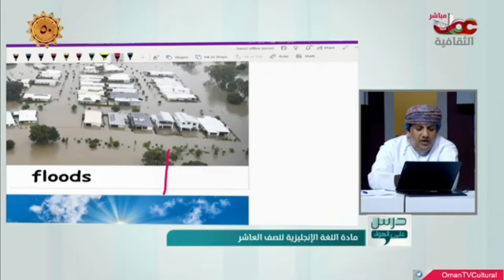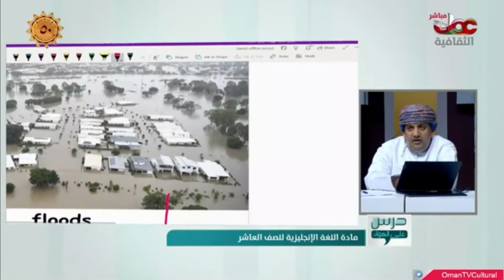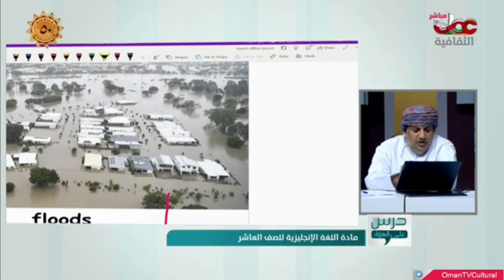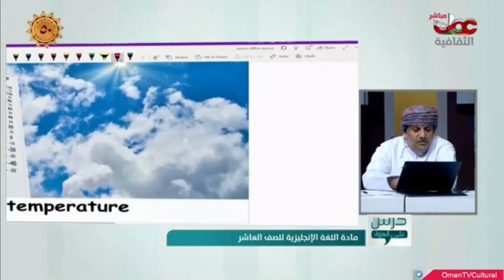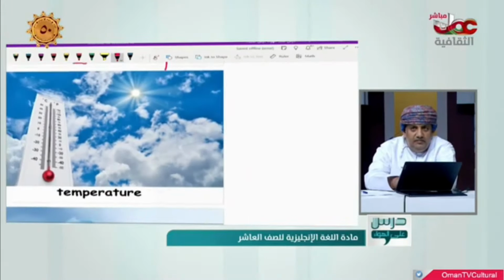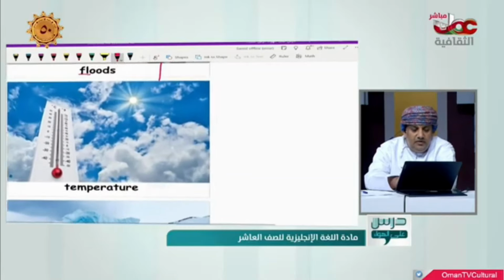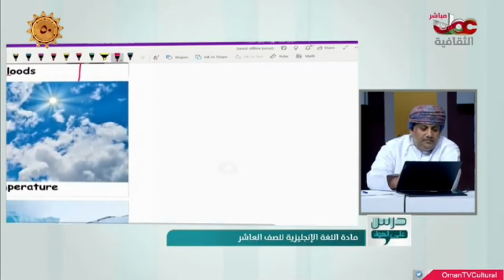So floods. In this picture we have a lot of water, an area full of water. So remember the first 2 letters here. Also, this picture is temperature.